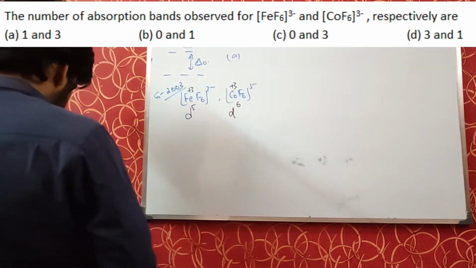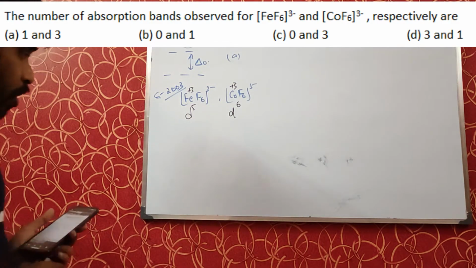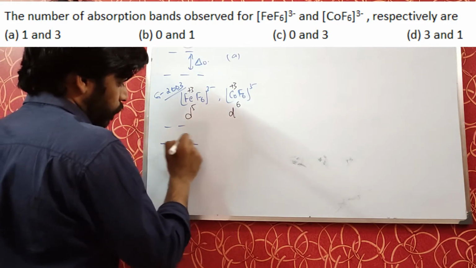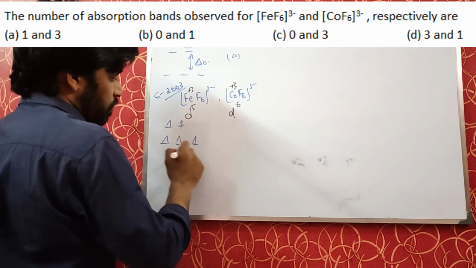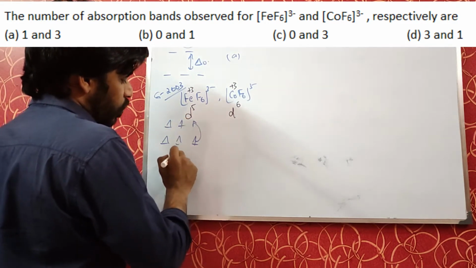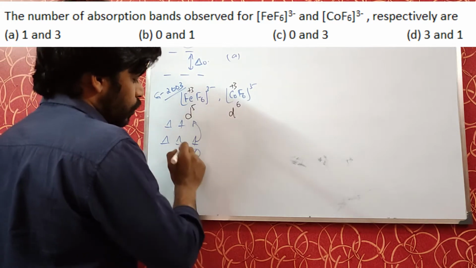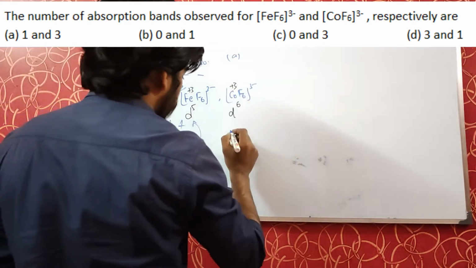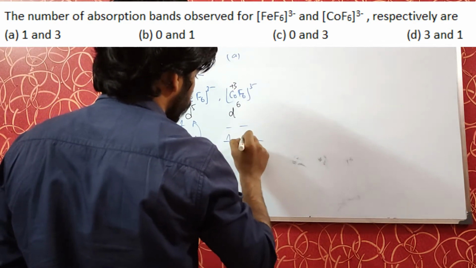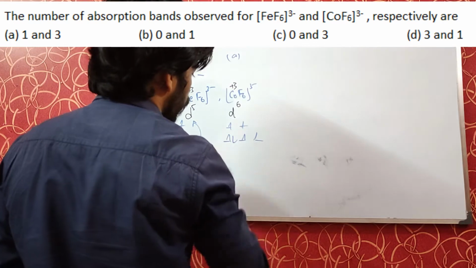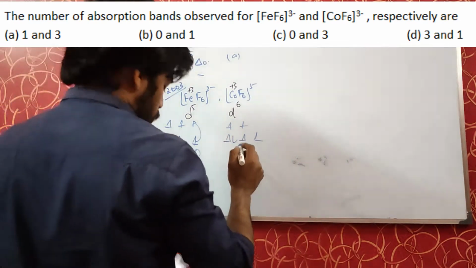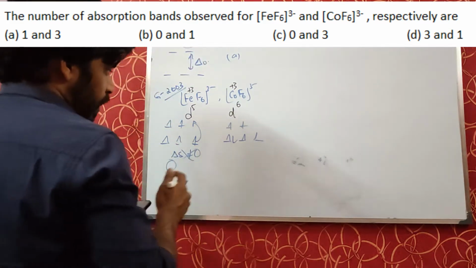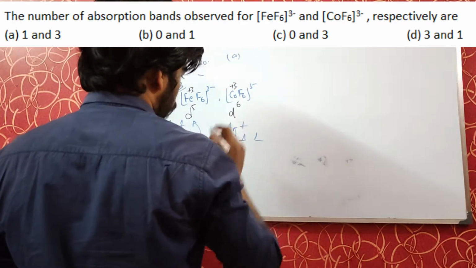Now for d6, how many transitions can we have? Now for d5, this being a weak field ligand, any transition would make delta S not equal to 0, so that is not allowed, so there are 0 transitions allowed for this. For this one, there is, if I am not wrong, one transition allowed from here.